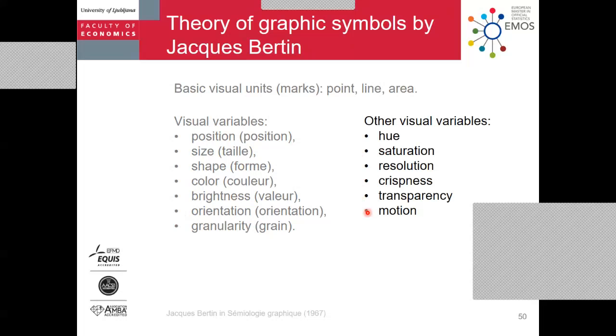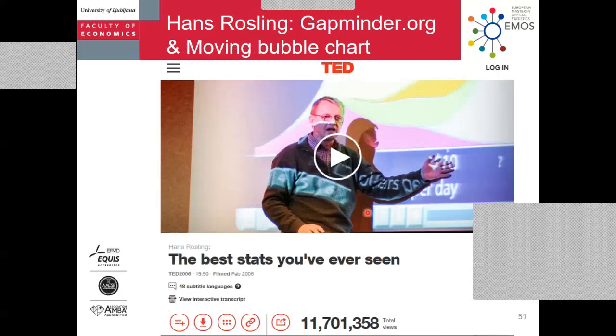And I have to mention that a person that really knew how to take advantage of motion in data visualization was Hans Rosling. And just in case this is the first time you hear about this Swedish professor, have a look, for instance, at his TED Talk that has already been viewed 11 million times, and observe how he uses the moving bubble chart, how he makes a story and also drama out of data.